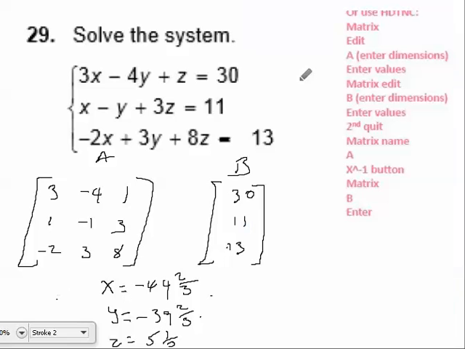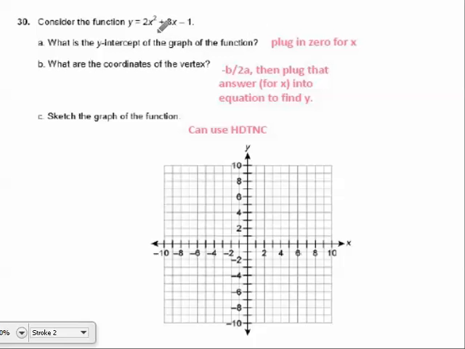Okay, let's move forward and get this last problem here. It says consider this function here. What is the y-intercept? Well, you can plug in 0 for x, or you can just look at this value right here. The y-intercept is -1. What are the coordinates of the vertex?